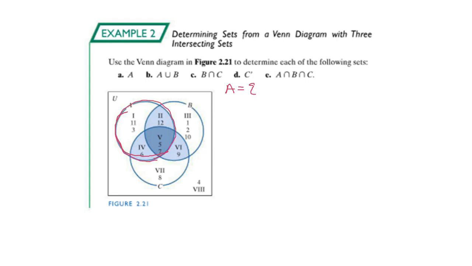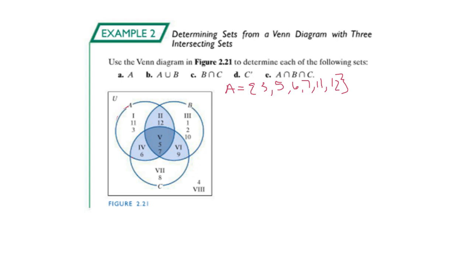We want to grab all those elements that are contained inside. So it looks like we have a 3, 5, 6, 7, 11, 12. Don't mistake the listings for the regions, the numbers 1, 2, 3, 4, 5, 6, 7, 8 as an element. All right, and that would be part A.